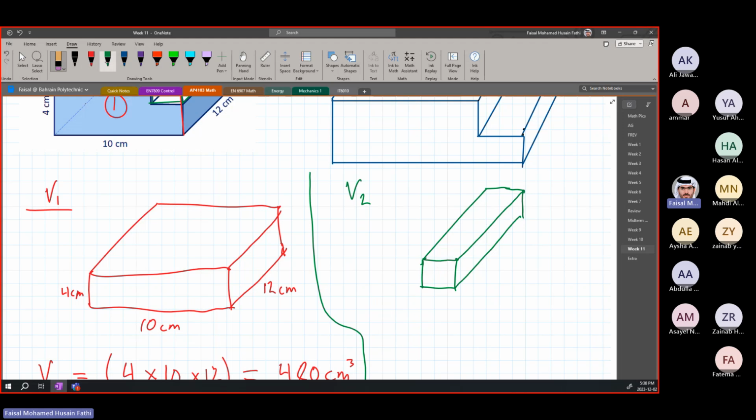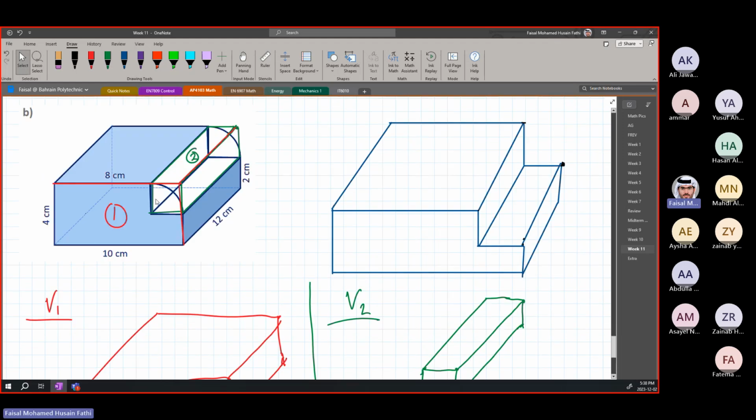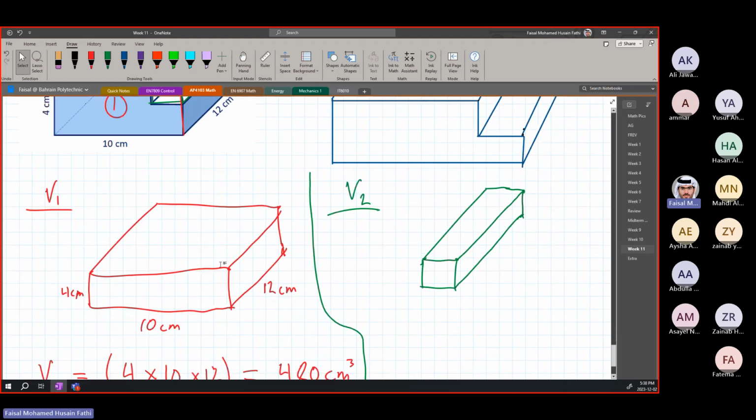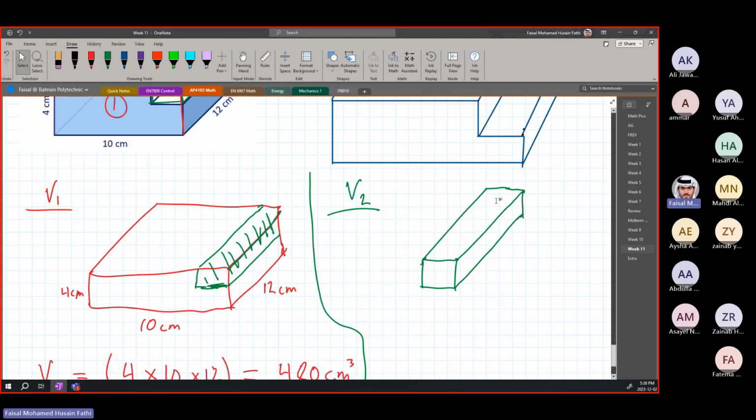Okay, this is the square prism we have. We're looking at V2 now, the small part. All we have to do is remove this part from the total prism. It's going to look like somewhere around here. This piece, we will remove it completely. And then the final shape will look like this. That's the idea. That's what we're doing right now.